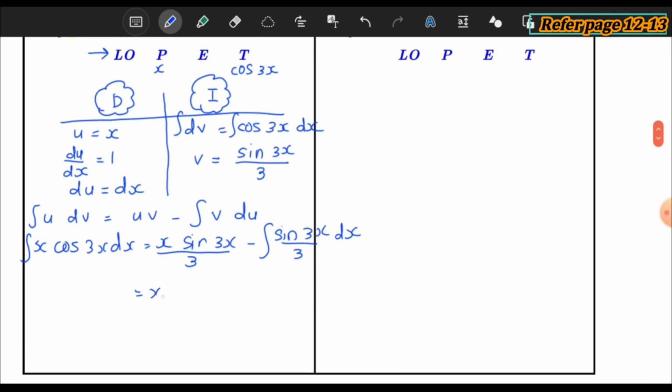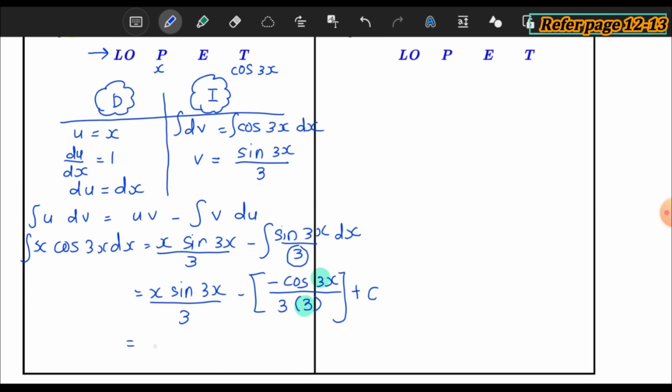Equal to x sine 3x over 3. We just need to copy. Then minus integrate sine 3x will be negative cos 3x over 3, the original constant, and then times 3. 3 here is from the derivative of the angle plus c.